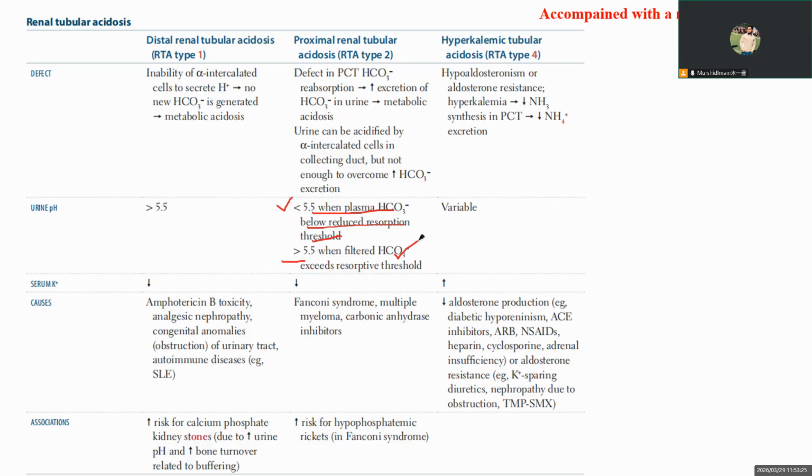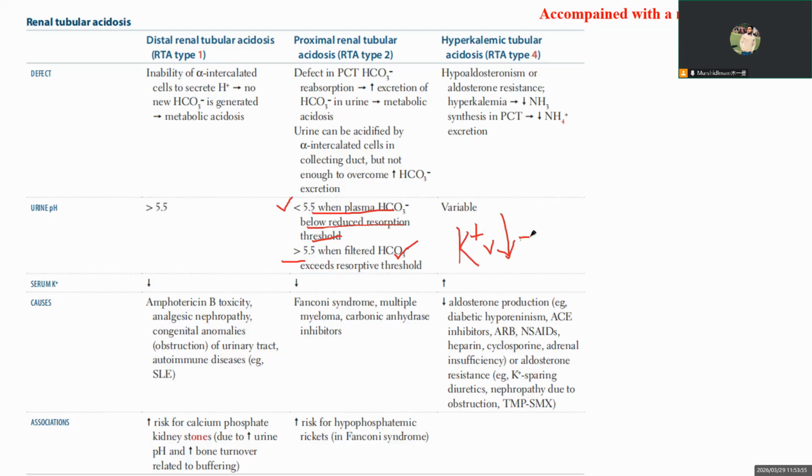Whenever we have increased delivery of water and sodium to the distal nephron, that stimulates aldosterone, and later on it drives potassium secretion. Additionally, the bicarbonate wasting creates a negative charge in the lumen, and that favors potassium loss, and we face the condition of hypokalemia.